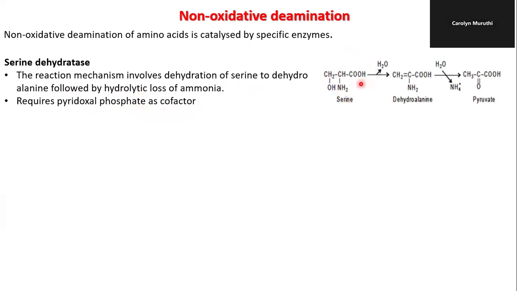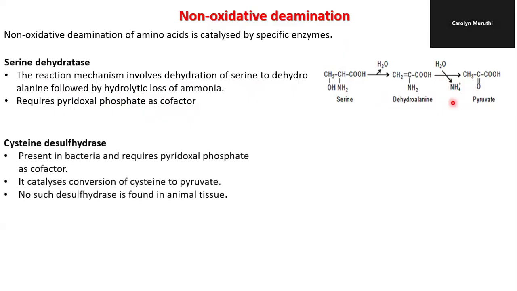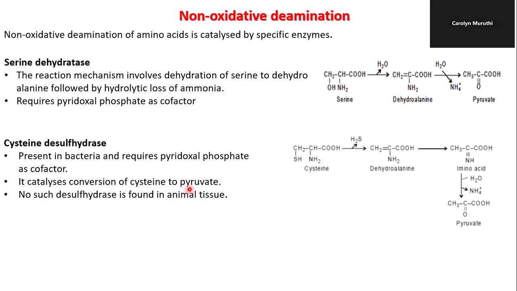So serine is first converted to dehydroalanine and finally to pyruvate, generating ammonia. We have also cysteine desulfhydrase, which is present in bacteria and results in the conversion of cysteine to pyruvate, also releasing ammonia.